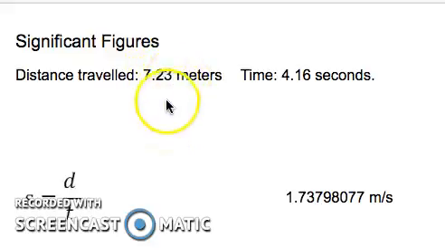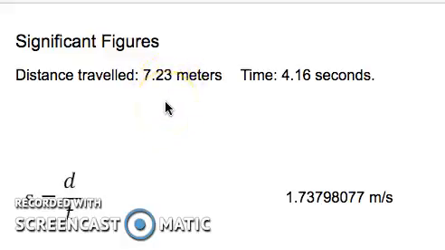So when you measure 7.23 meters, it could actually be more numbers past that, 7.231759 or 7.230485 or something like that, but you don't know because your instrument will only go to the hundredths place.